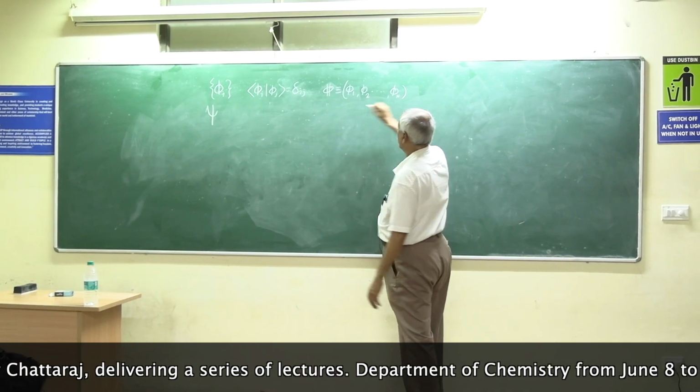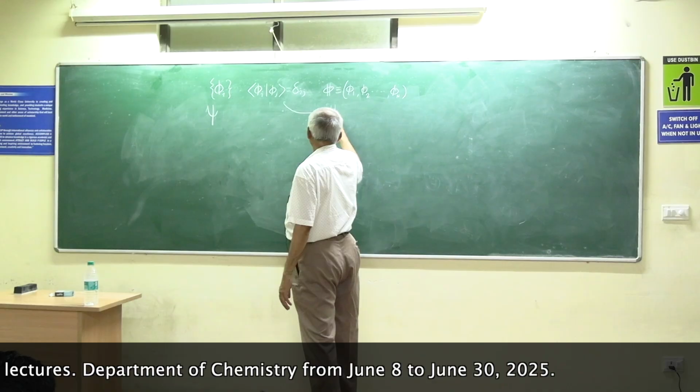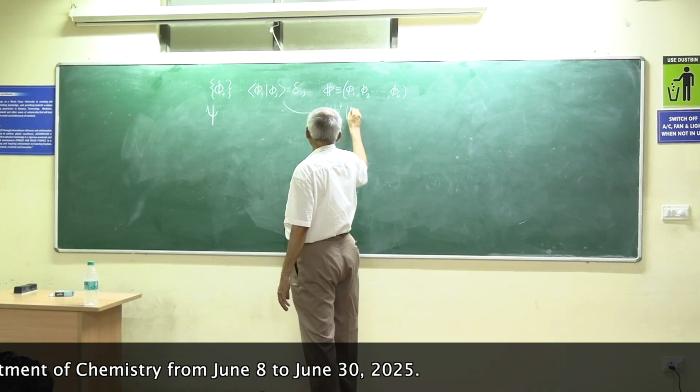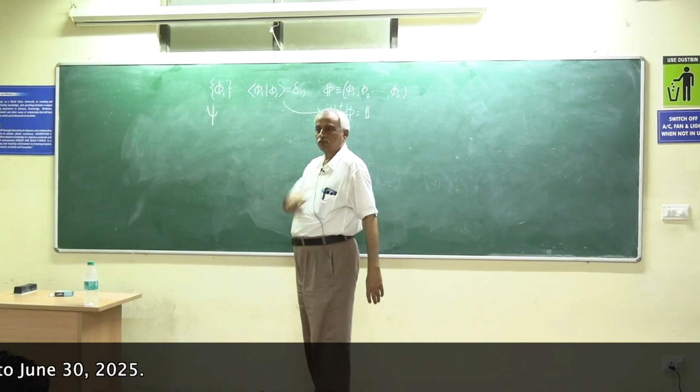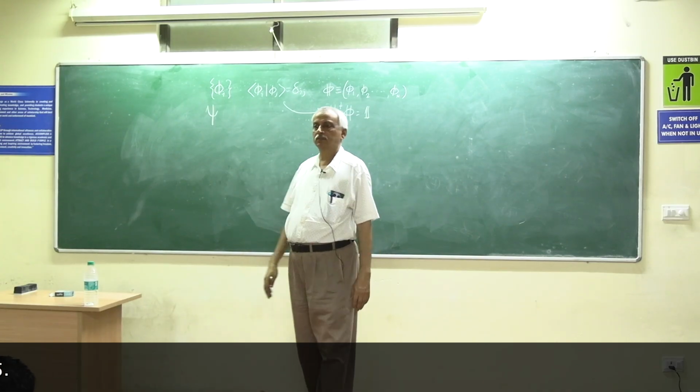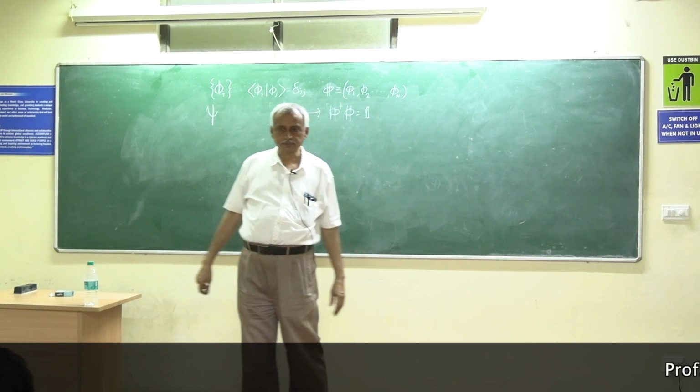And for an orthonormal set, phi dagger phi is the unit matrix. That means all along the diagonal of phi dagger phi you have 1, and all off-diagonal elements are 0.